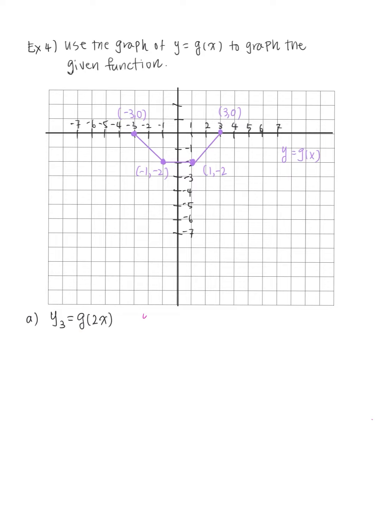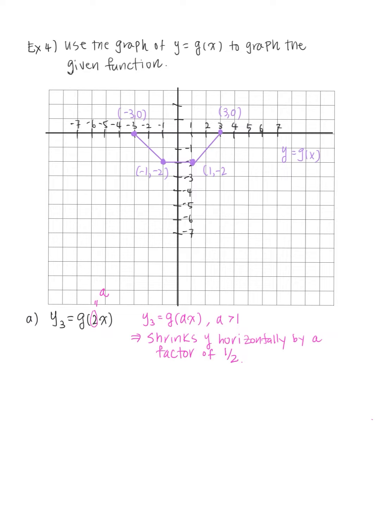Isn't this the case y sub 3 is g of ax, where a is greater than 1? Who plays the role of a? We have 2. So a is 2. So in this case, what's going to happen? It shrinks horizontally by a factor of 1 over a, but a is 2, so it shrinks horizontally by a factor of 1/2.